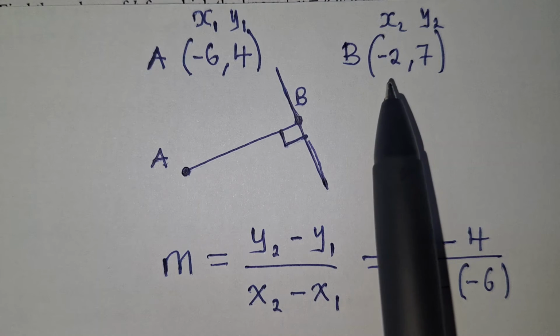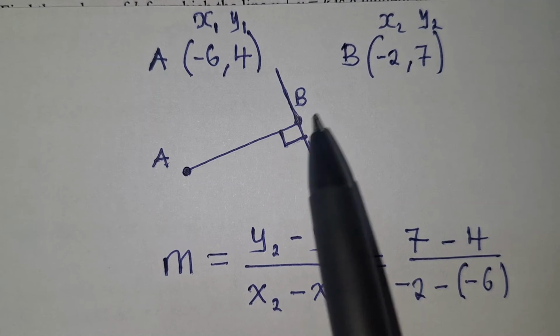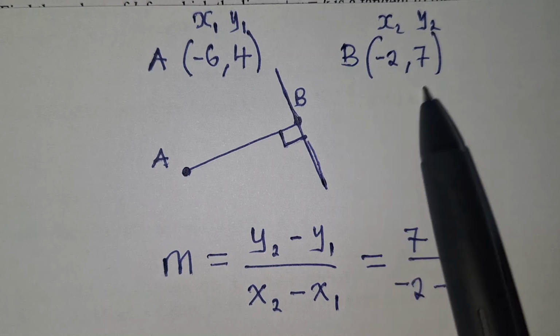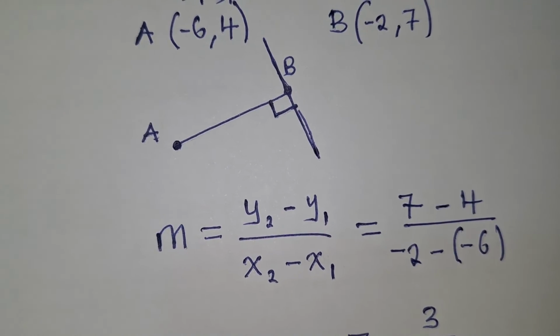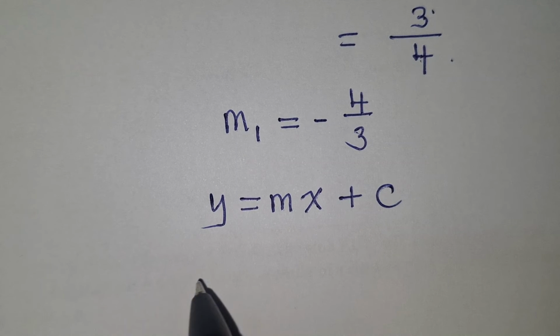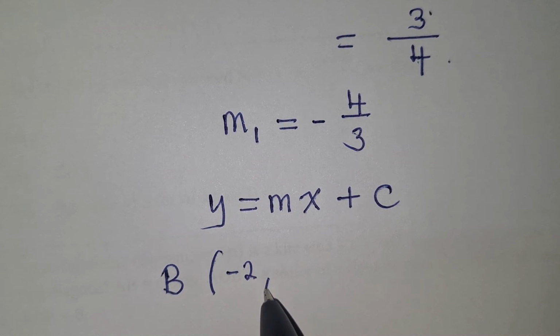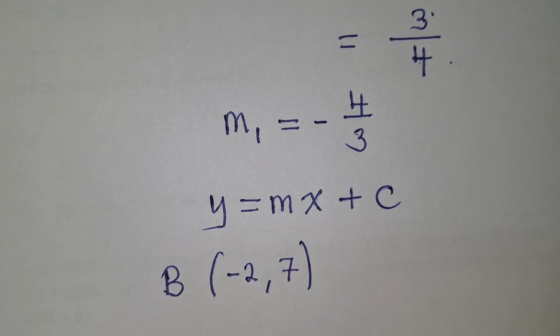In the question, they have specified that the equation must pass through point B, meaning we'll get this point, which is point B. So let me write the point B here. So point B is (-2, 7).